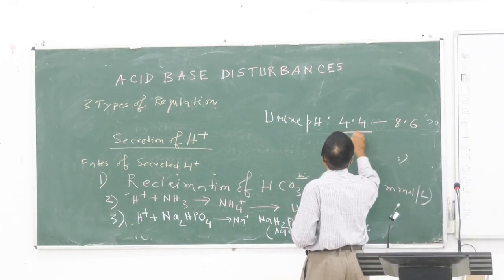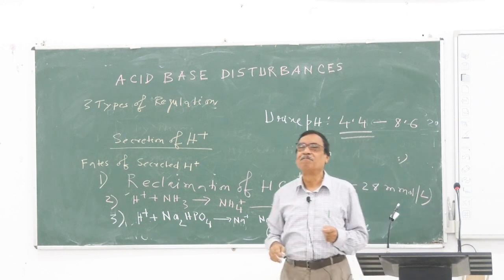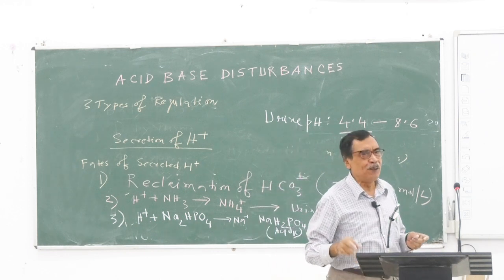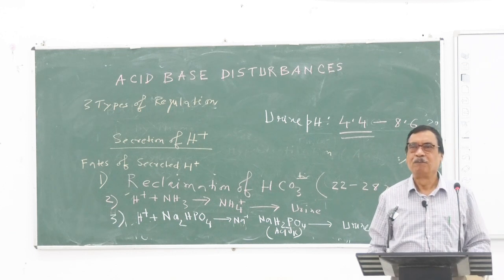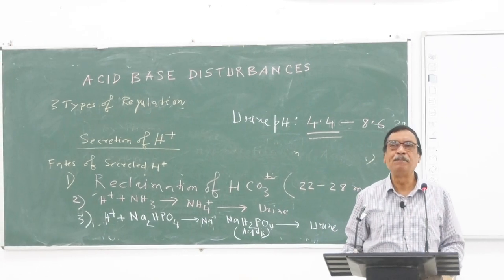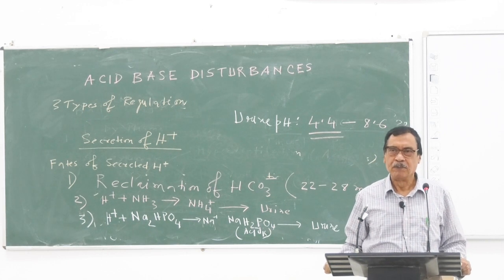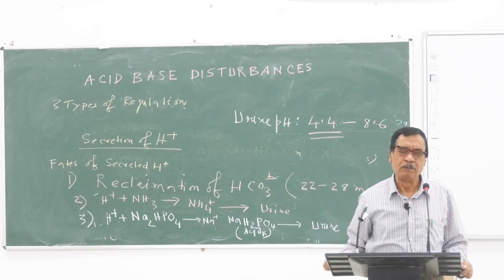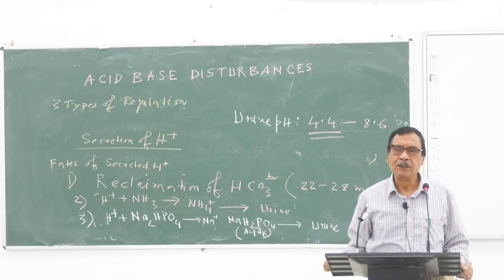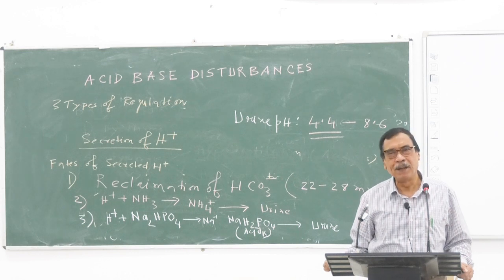Urine pH cannot be lower than 4.4 in any case. And this is called limiting pH. However much hydrogen ion secretion occurs, urine pH will not fall below 4.4. And when urine pH cannot fall below 4.4, all the hydrogen ion will remain in the blood.